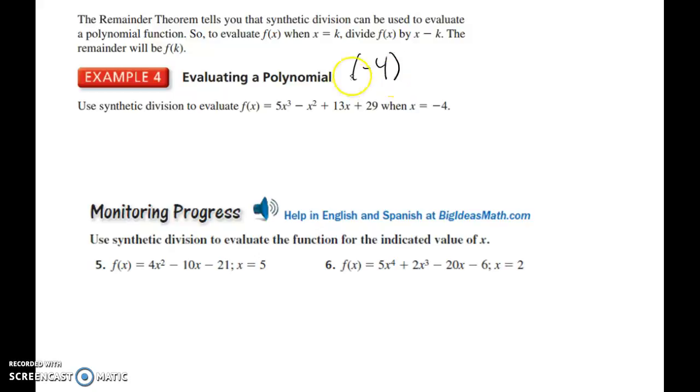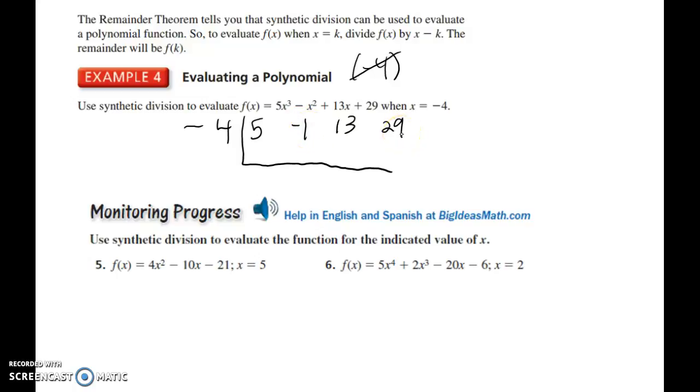So we can now do this with synthetic division. Since x equals -4, you don't need to change the sign when setting up synthetic division. Just keep the -4 on the outside. Put in our coefficients: 5, -1, 13, and 29.